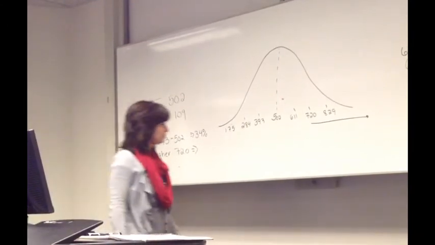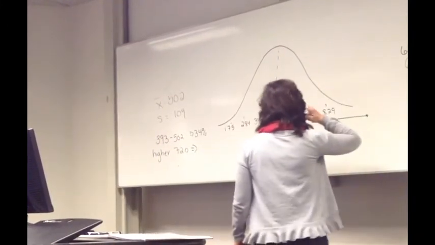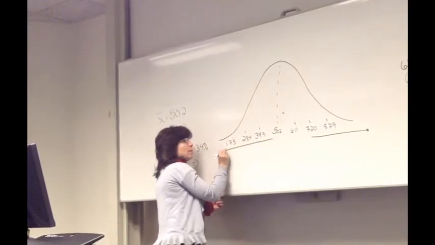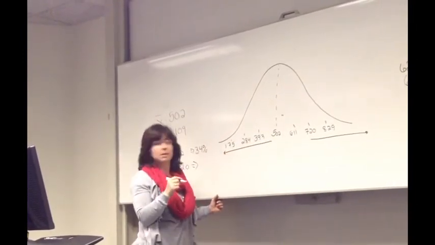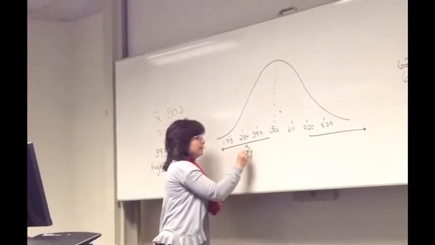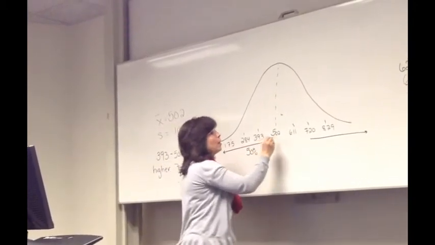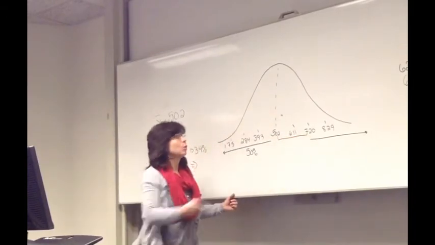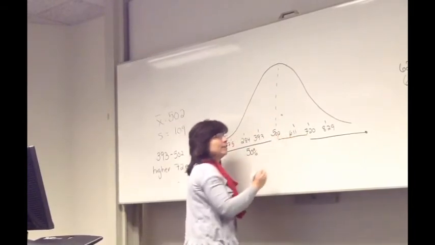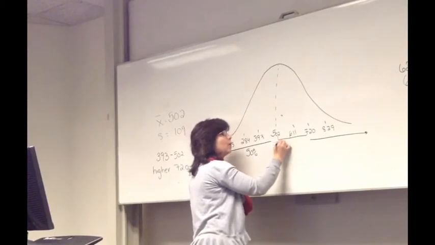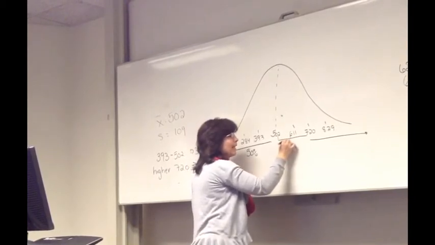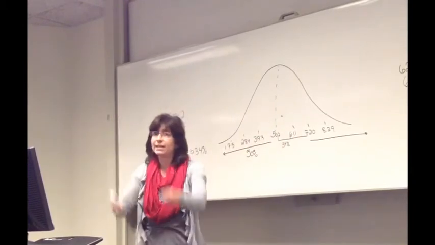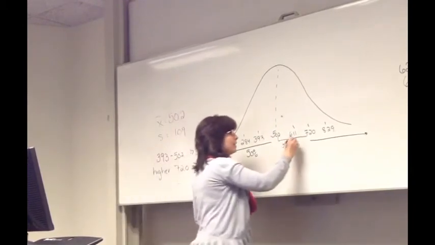Now, we know that below the mean is what percent fall below the mean? 50%. We know that within 2 standard deviations, well, let's go 1. Within 1 standard deviation, what percentage is there? 34. And we know that if I go 1 more standard deviation, what percentage of data is there? 13.5.